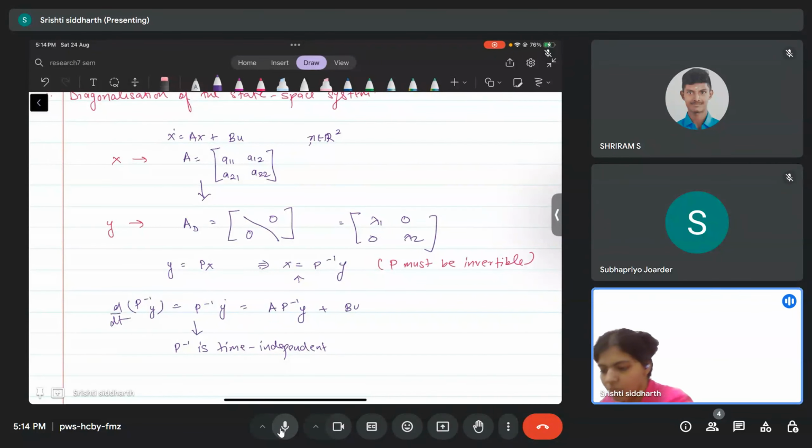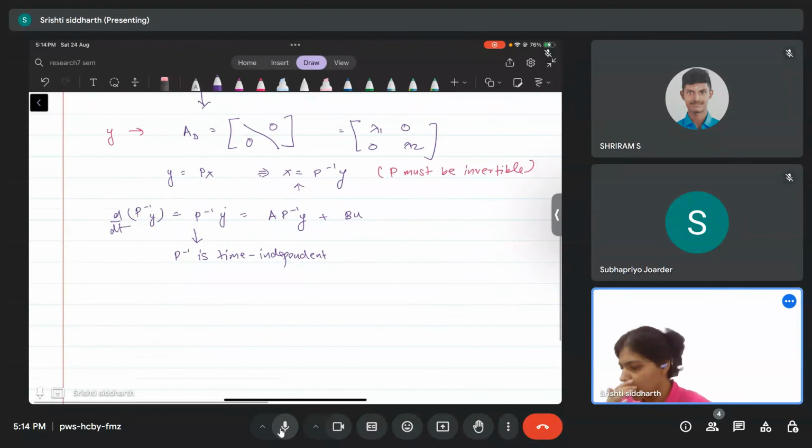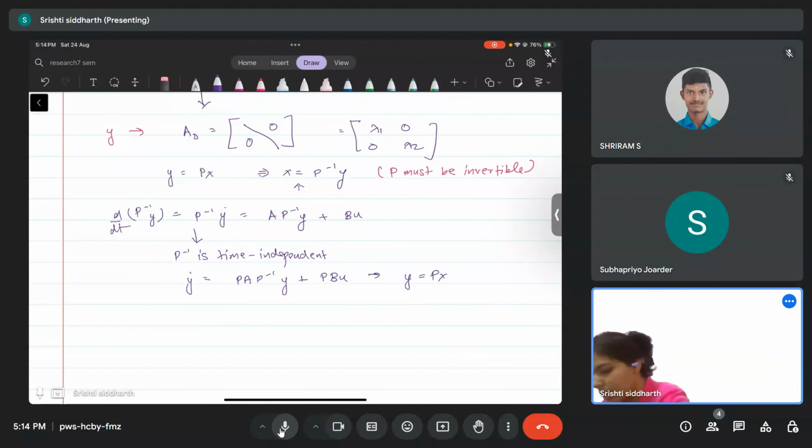Plus some B times u. We want to get to the state space equation for the states y, so let's pre-multiply by P on both sides, and we have P A P inverse y plus P B u. So this is the new system for this transformation.